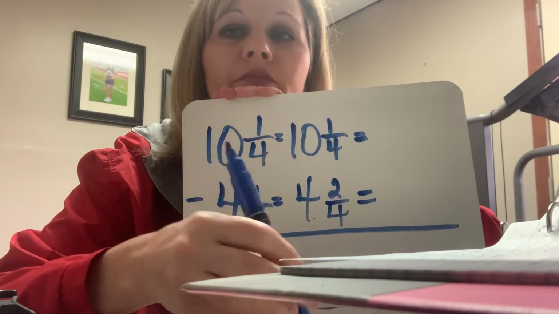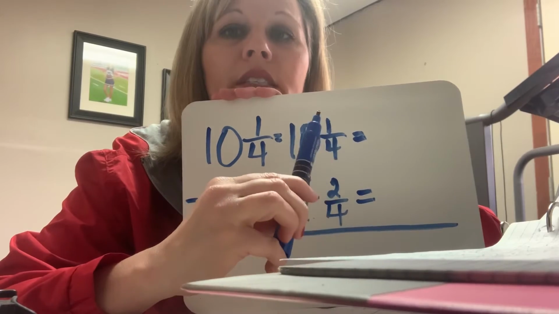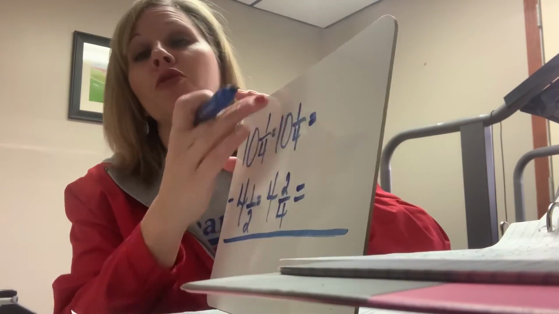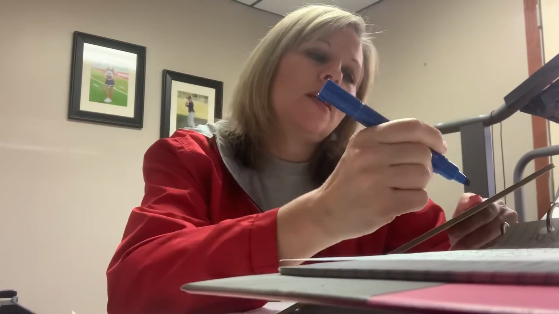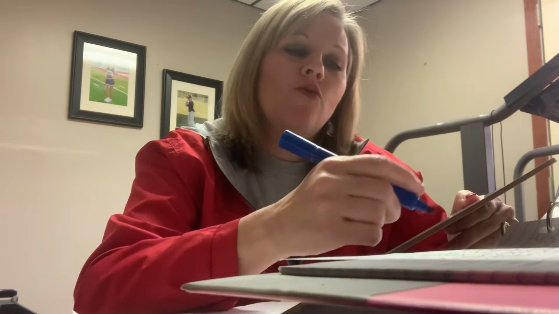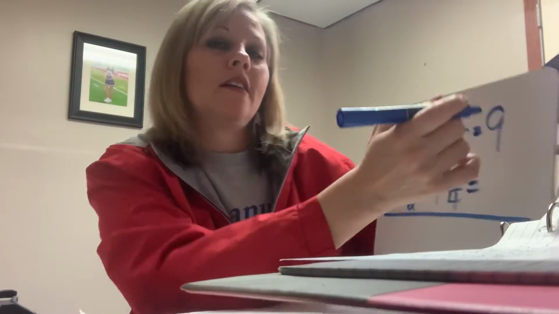We've got equivalent fractions. You can't take 2 from 1. So we have to borrow. The 10 becomes a 9. 4 plus 1 is 5 fourths.